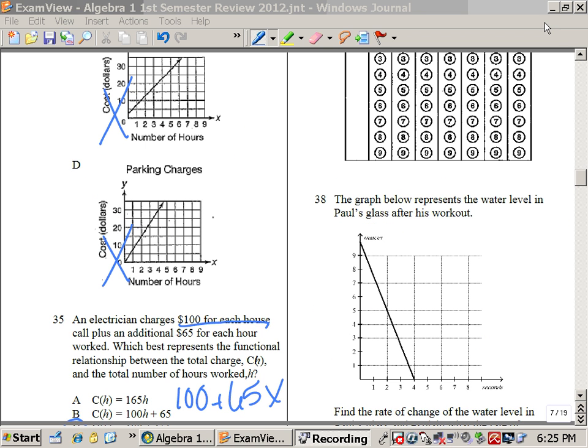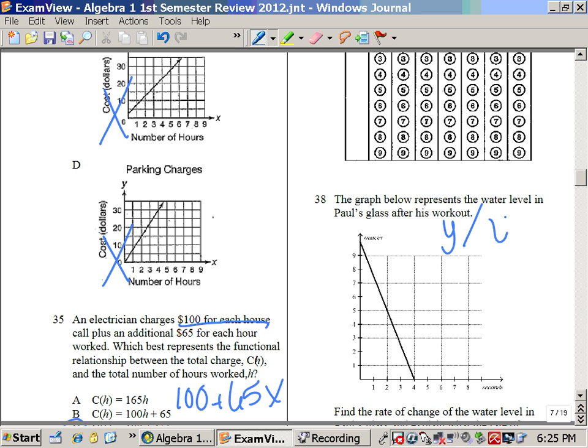On 38, I need to find the rate of change. Remember, rate of change is y per x. So looking at 38, the y value is ounces. So I've got to answer this problem in ounces per second. Looking at this problem, you should be able to tell that it has a rise of 5 and a run of 2.